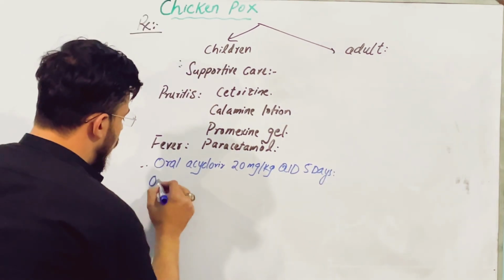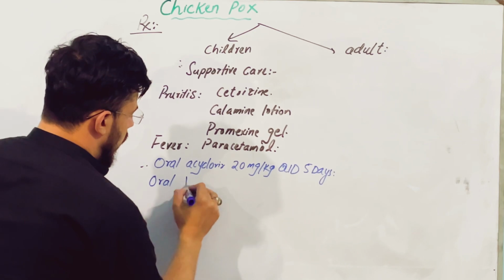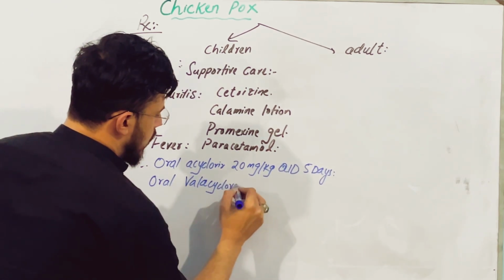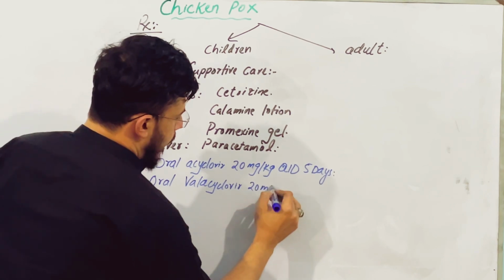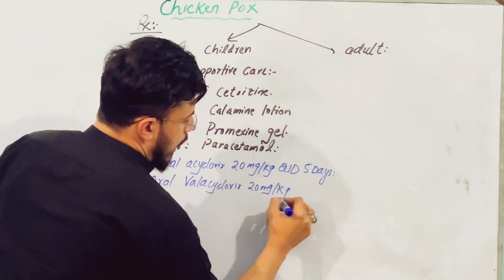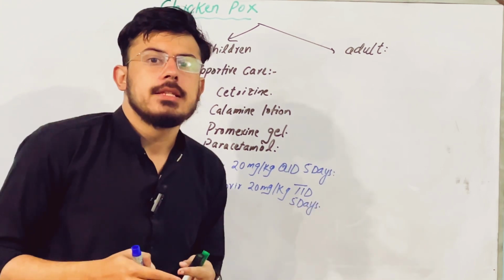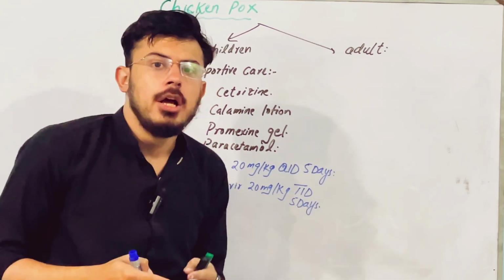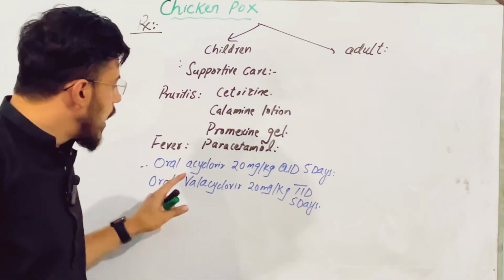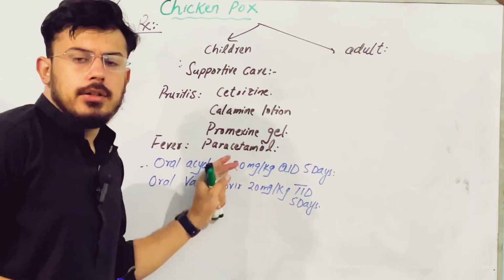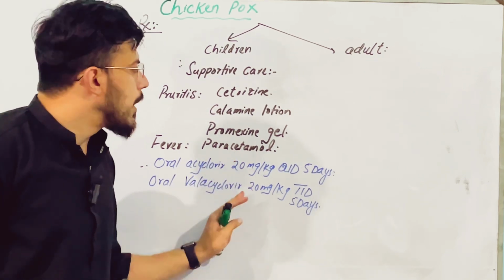Oral acyclovir 20 mg per kg is given for 5 days if the child is at high risk of complications.